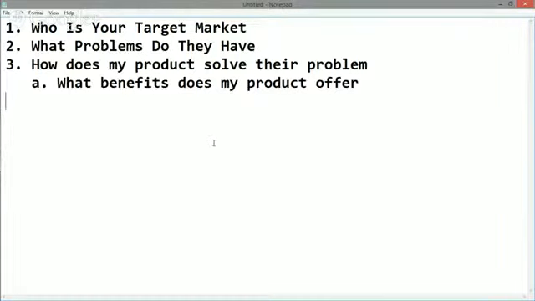Okay, what benefits does my product offer that will be of interest to them, or create a willingness to put in their email address? Say, for example, you have a weight loss product, and you're pushing a diet.